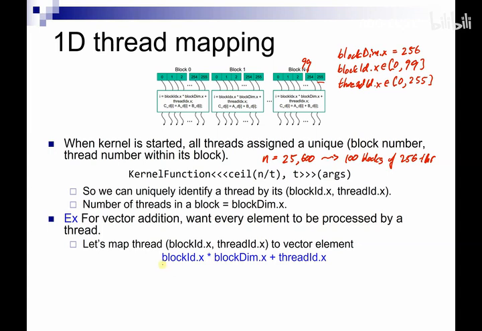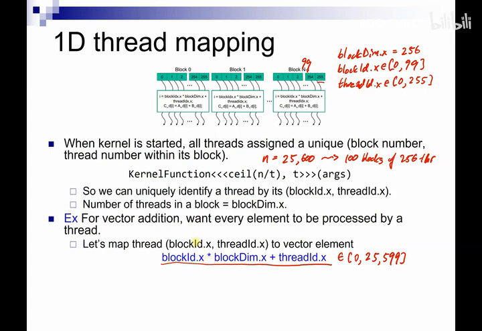Now I claim that this formula is going to produce a number between 0 and n-1, to 25,599. You can check that, because the block ID is a number between 0 and 99, times the block dimension, which is 256, plus the thread ID, which is a number from 0 to 255.